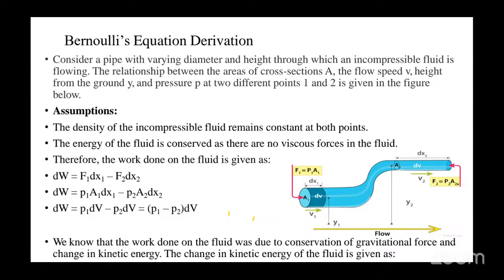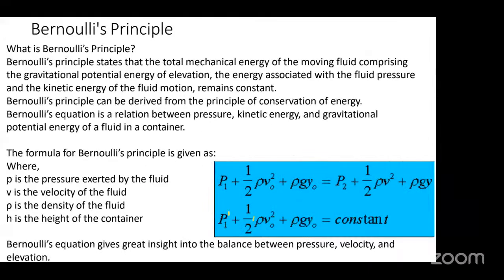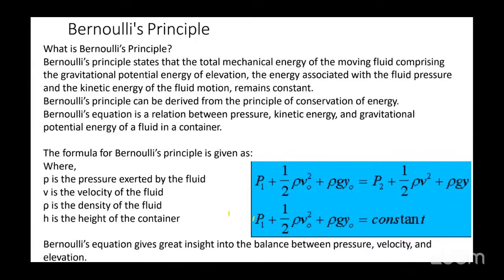So how did he come about his formula that we saw here? P1 plus half rho V squared. P1 there is pressure at area 1. Then density, V1, that is the speed at which the fluid is flowing at the entering point.